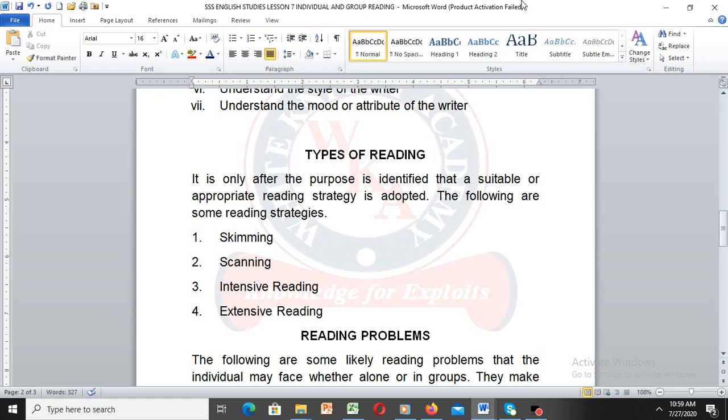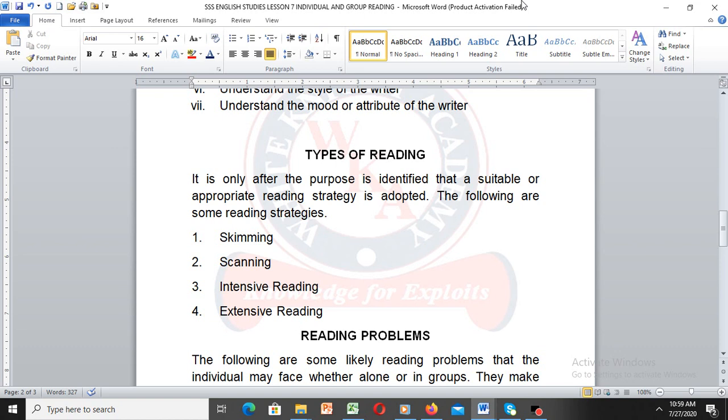Number 1, we have skimming, types of reading. Skimming. What does it mean? In this, the eye runs quickly over the text to look at either the text, index, or the subtopics.